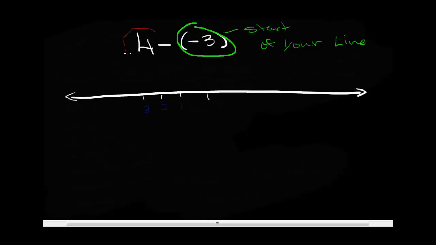And then we are going to finish our line at +4. Okay, and so I put a little stop sign around +4. All right, so we start a little green starting line at -3, and we end at +7.